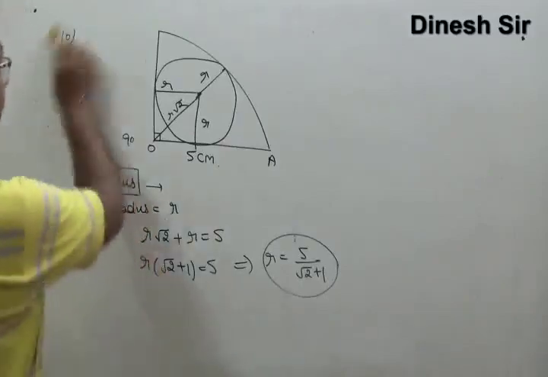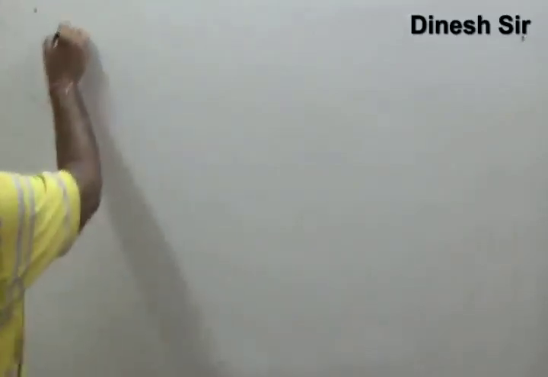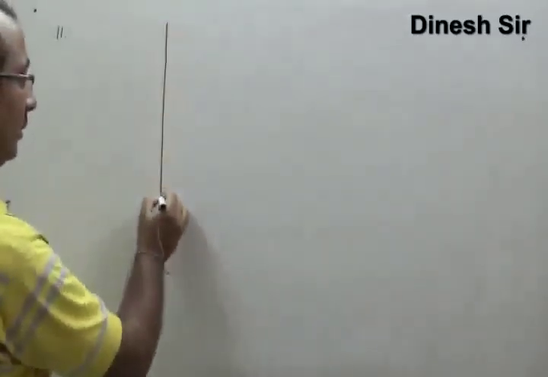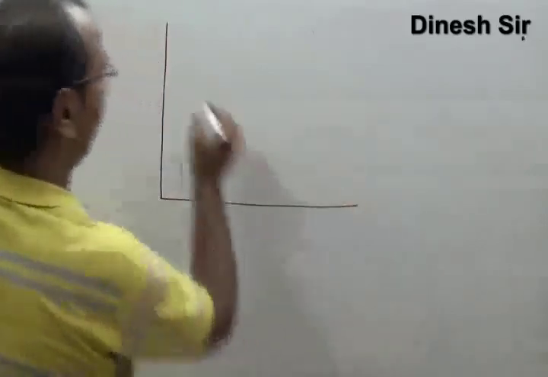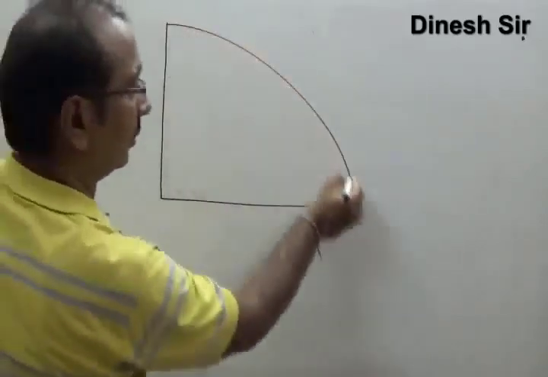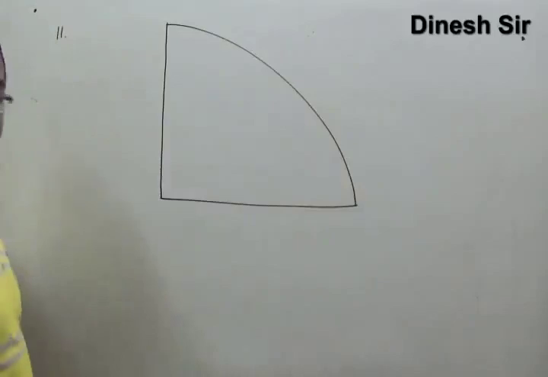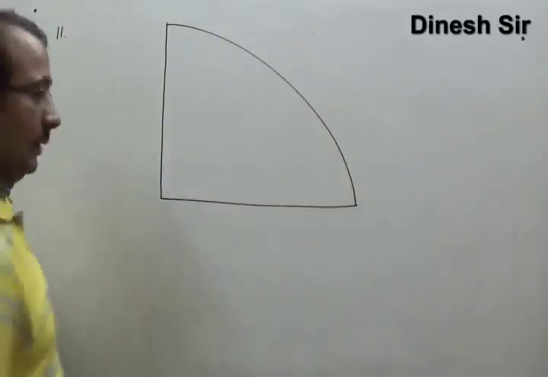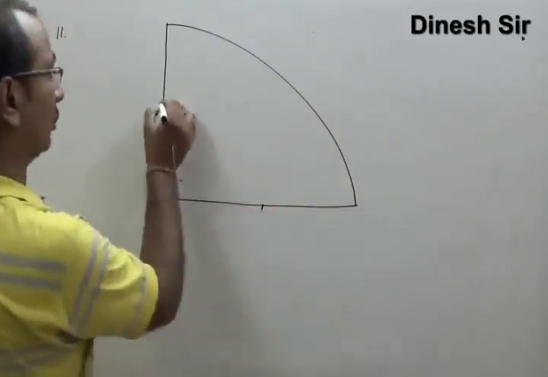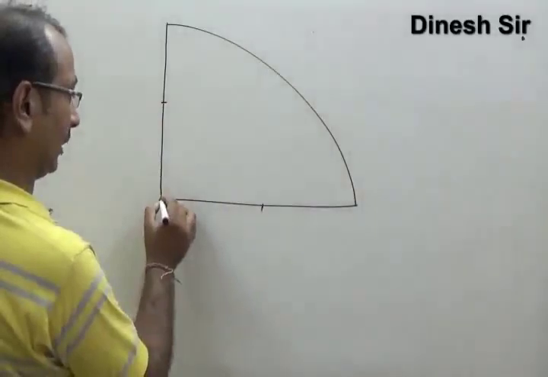Now after this question number 10, the next problem that we have is statement number 11. Look at the question. It is given that one sector of the circle is given, this angle is 90 degree and this is divided in such a way that two semicircles are there.